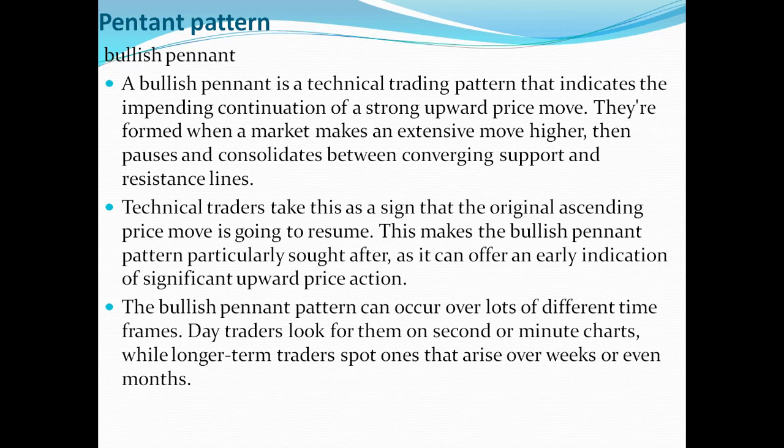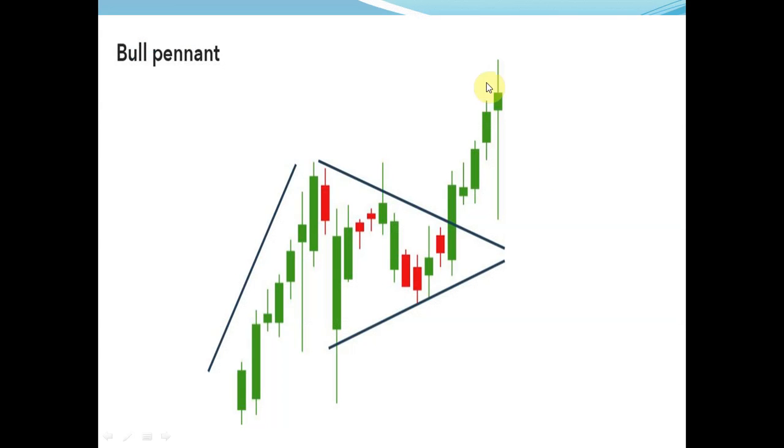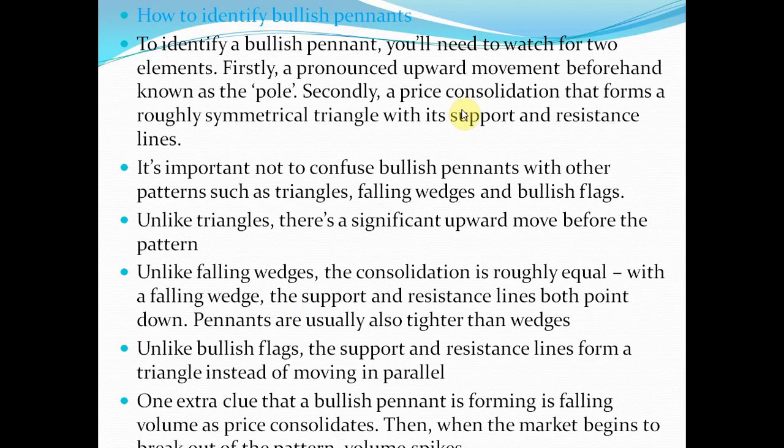So this is a bullish pennant, and they are formed when the market makes an extensive move higher, then pauses and consolidates between converging support and resistance points. You see, this is the point where the market consolidates on the converging point, then it breaks out.